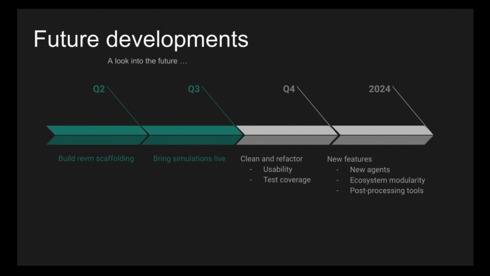And then in Q4, we're going to be focusing on shipping new features, stuff like new agents, stuff like ecosystem modularity. I believe there are a couple of other great tools in the ecosystem that Arbiter could work really well with, as well as some post-processing tools for better statistical analysis and visualization.